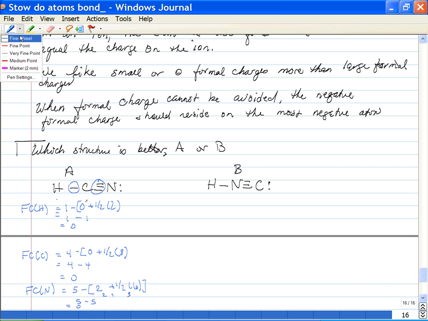But the difference between this kind of structure and the resonance structure is that there are 2 different elements bound with the triple bond here.